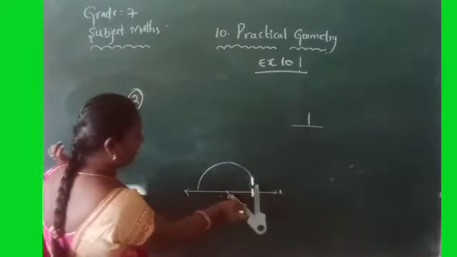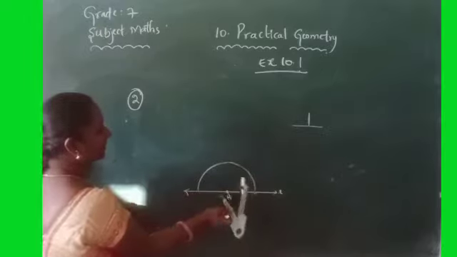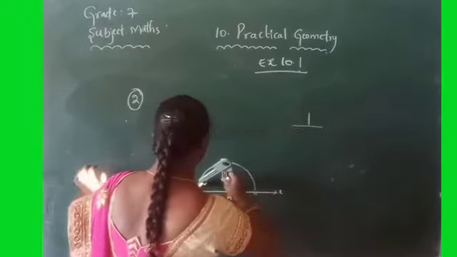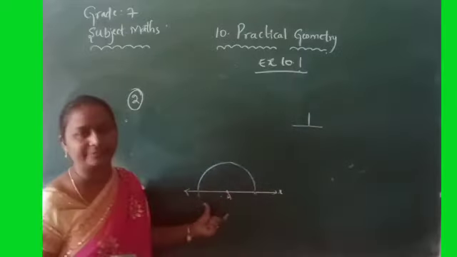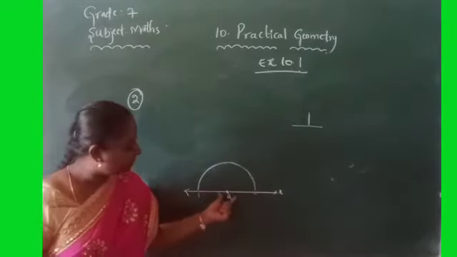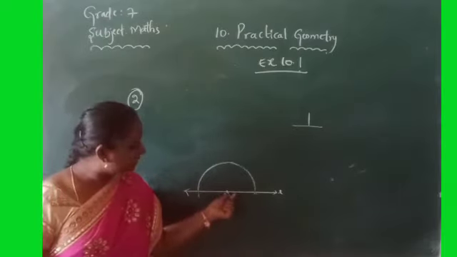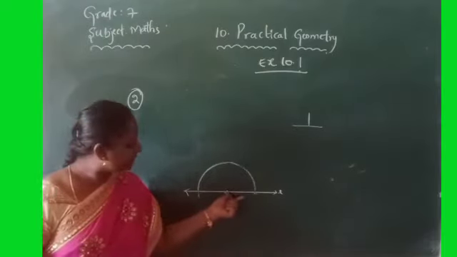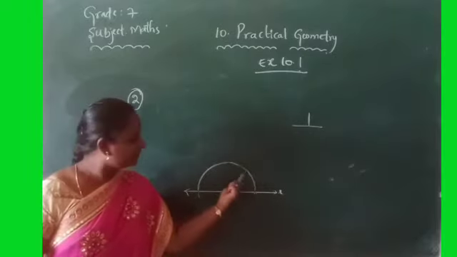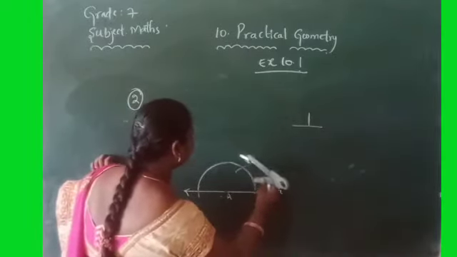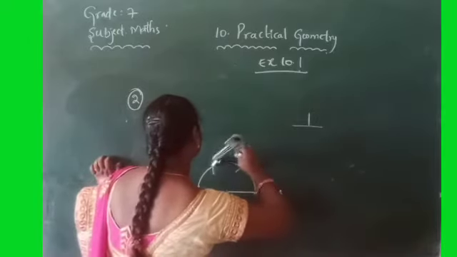Draw one arc. This arc cuts the line L at points B and C. Take some convenient radius and with the same radius draw two more arcs.